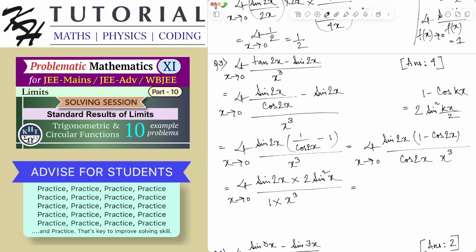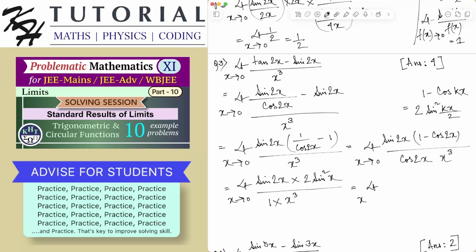So we have sine 2x in the numerator multiplied by 2 sine square x. Obviously I have to use the standard result of sine f(x) by f(x) tending to 1 when f(x) tends to 0. So I have to create that form.